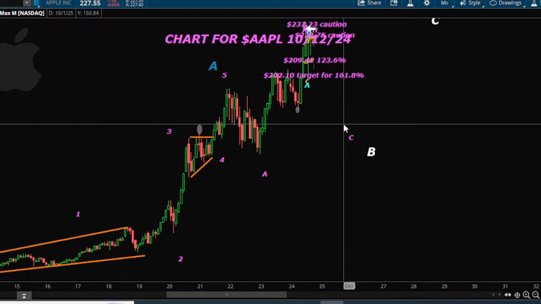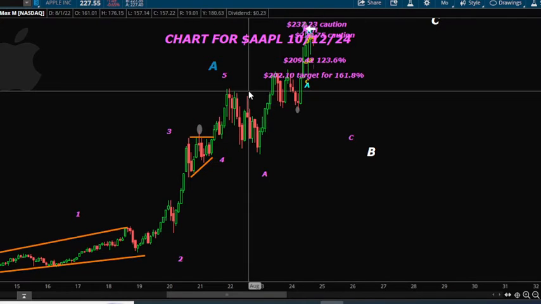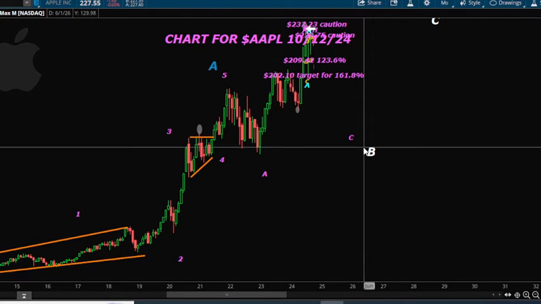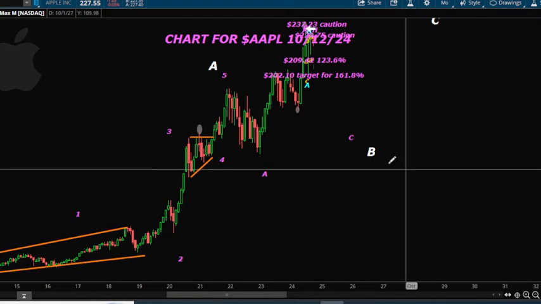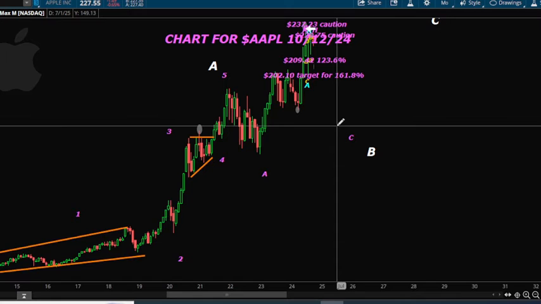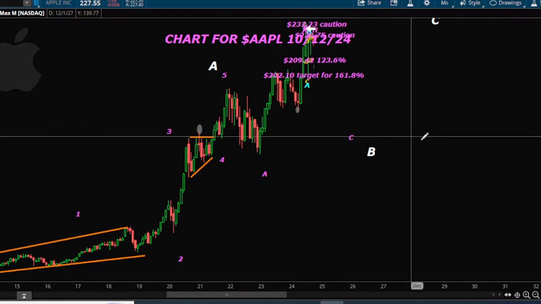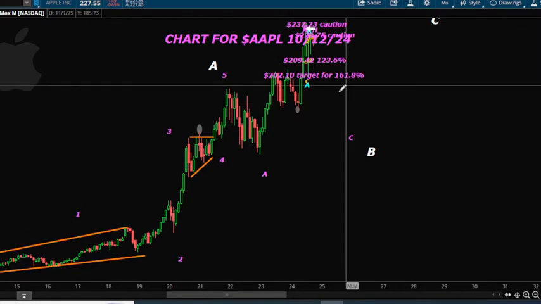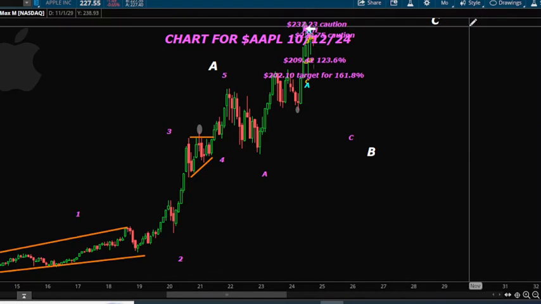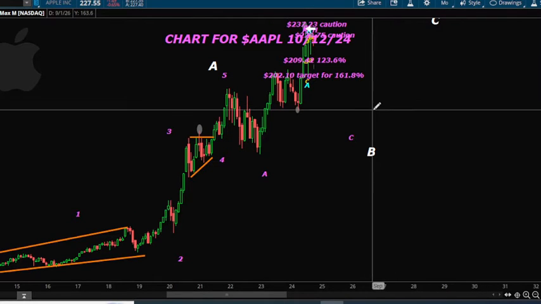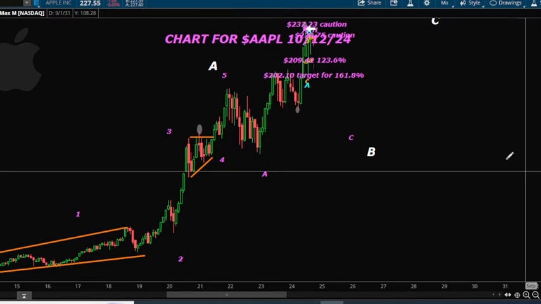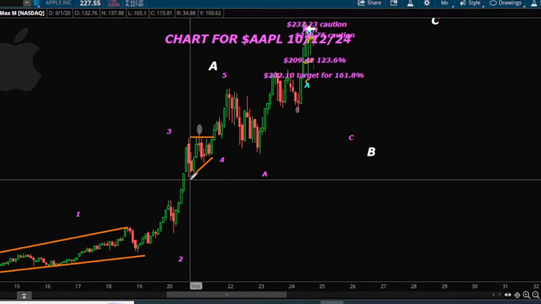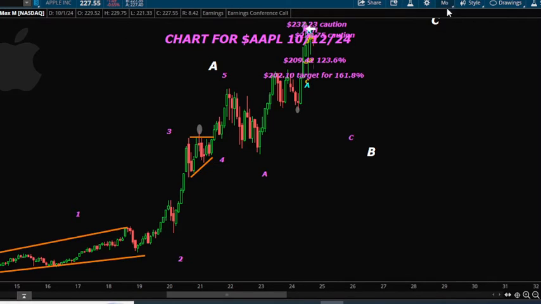We're just going to focus on this C leg right now. Either if you play this as an A, B, C, or an A, B, C, D, E pattern of some sort, we still need this C leg. So we're just going to focus on that and go from there. If we need to put a rally up later, we'll play that out. But right now, I'm anticipating A, triangle B, and up for C. Okay? So let's move into the 4-hour chart.